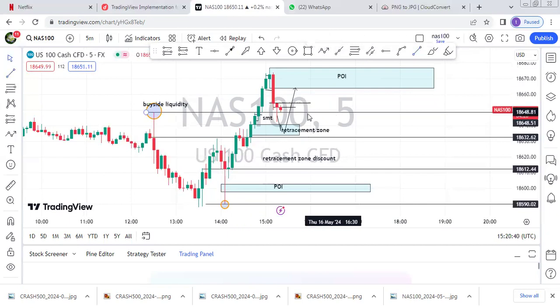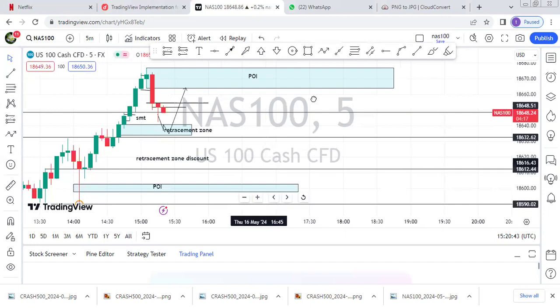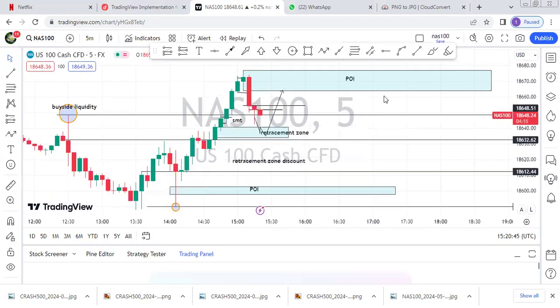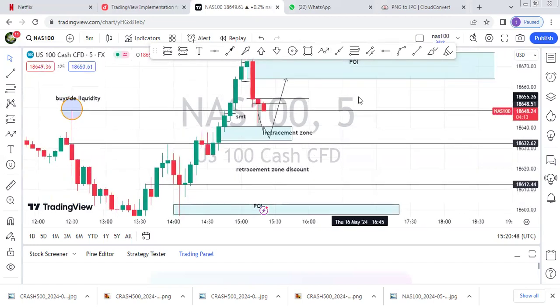All right? So we want to see what's going to happen. Okay, so the market will push down. Can you see in there?